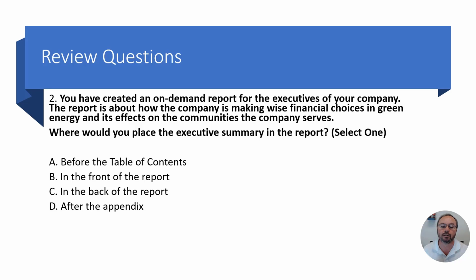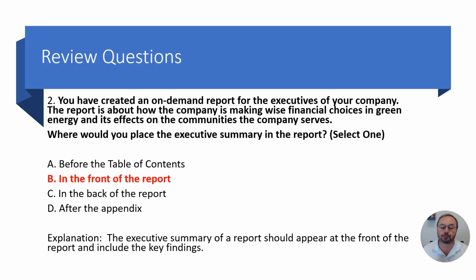Where would you want to place the executive summary in the report? Well, generally the executive summary needs to be in the front of the report. In other words, when someone opens the report, it's going to be one of the first things they see, pretty much right after the table of contents in a lot of cases.